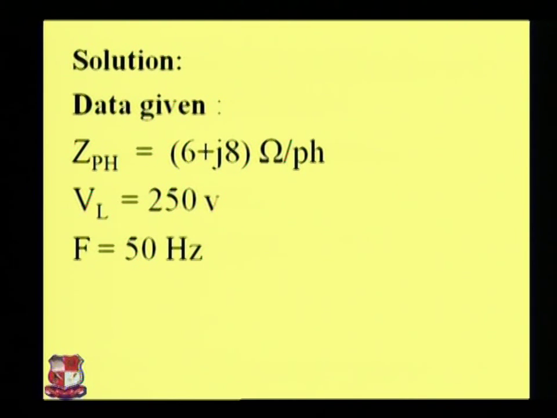Now find the active power, the power factor cos phi, then IL, VL, IPH and VPH, according to the equations we already proved for the relationship in star and delta connection.